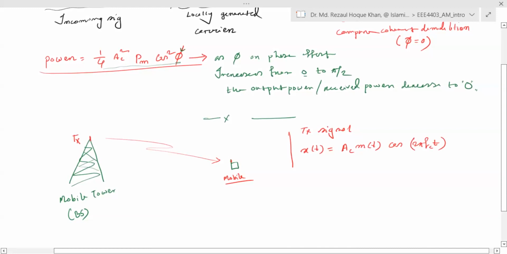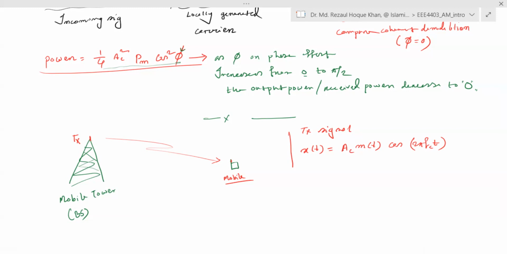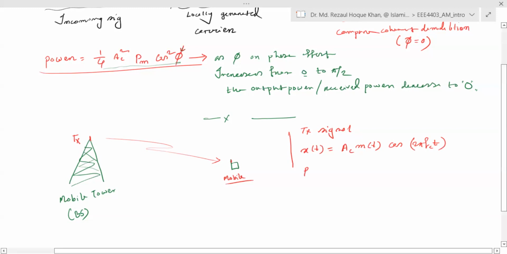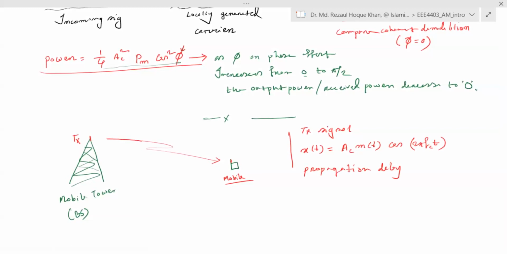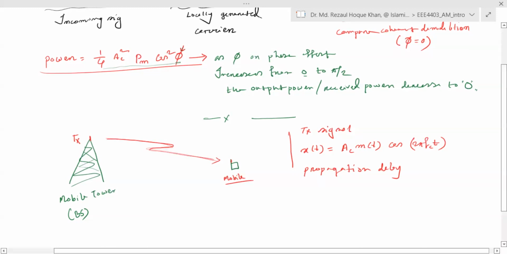Here, because this is a wireless environment, what is the propagation delay? It takes some time to transmit this signal from this distance to this distance, right?